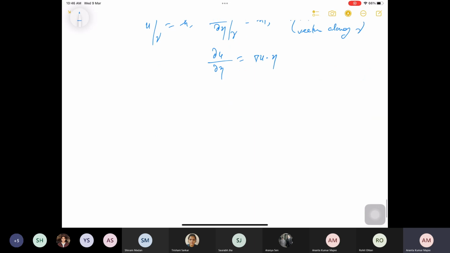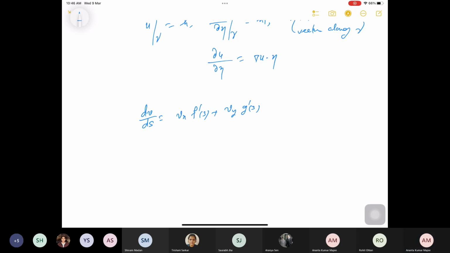That means dv ds, which is v of x f prime of s plus v of y g prime of s. So the values of any function v and its first order partial derivatives vx and vy along gamma are connected by this equation.